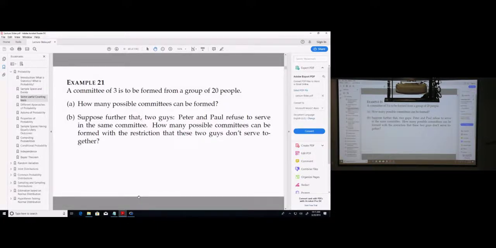One way is head-on. So you have to break the committees into 3 categories. Category 1 is that both Peter and Paul are not in. So that means you have 18 people, and out of which you choose 3. So this is one class of committees in which Peter and Paul don't even serve. Another one would be Peter is in, but Paul is out. All right? And then the third category is Paul is in, but Peter is out.